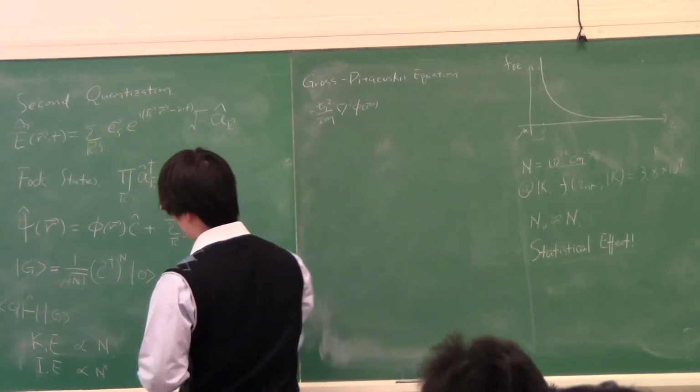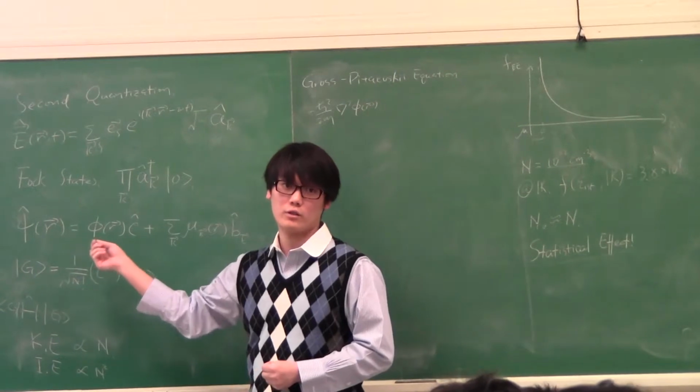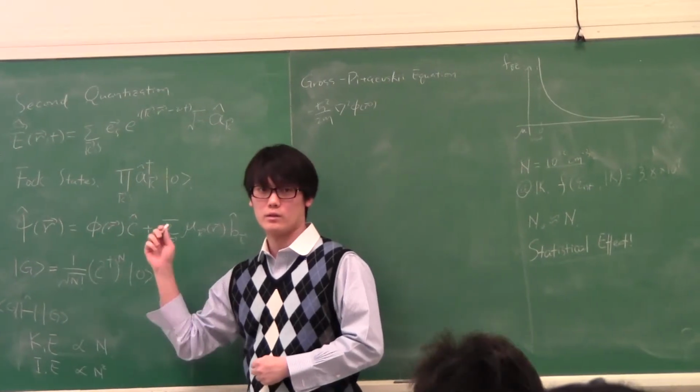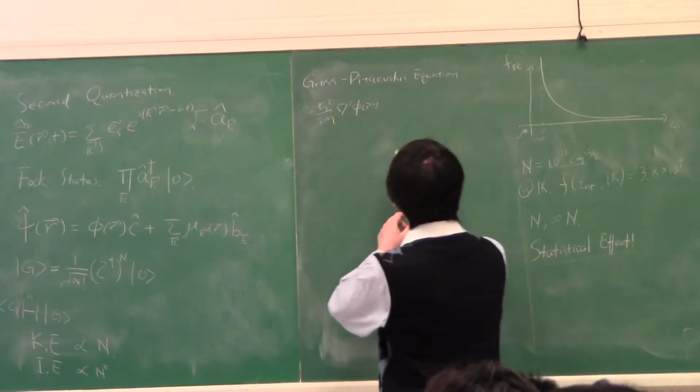And now this phi of r is the phi of r we use here for the wave function of the ground state, not the wave function operator.